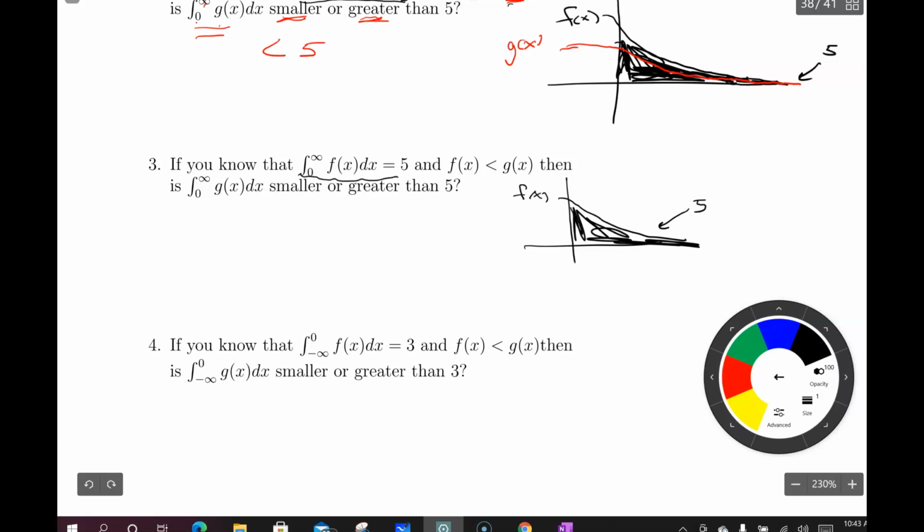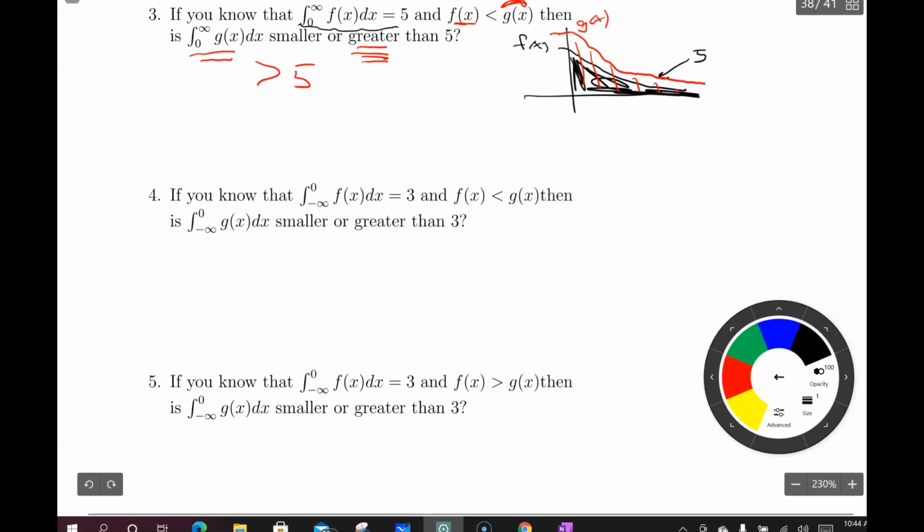The black area is 5, and now I've got g of x larger than f of x. So here is g of x up here, and it stays up here. What do you know about the area under g of x from 0 to infinity? It's going to be greater than 5, because there's more area that I'll be adding on.